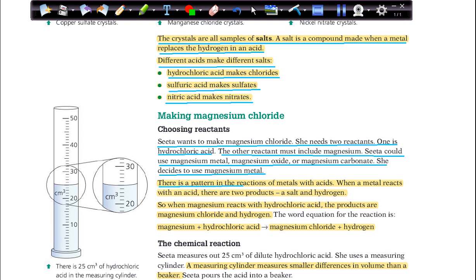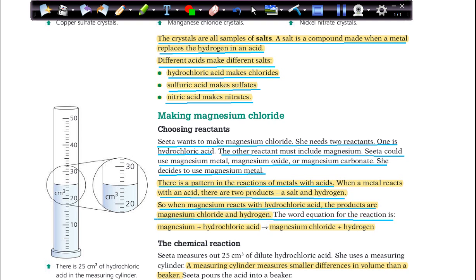So there is a pattern in the reaction of metals with acids. We talked about this before in reactions of metals with acids, and we said the metal reacts with acid to form hydrogen gas and salt. So there are two products, a salt and hydrogen. So when magnesium reacts with hydrochloric acid, the products are magnesium chloride and hydrogen.